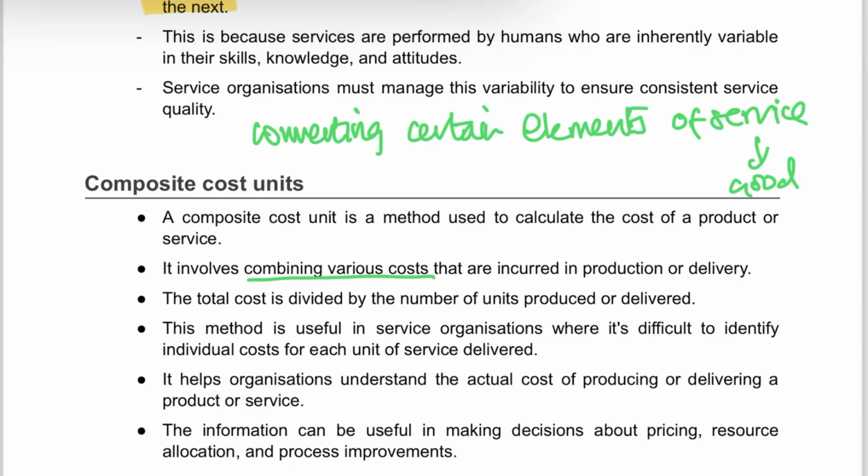So we combine material cost, total labor cost, and overhead cost, and then we get a total cost, and this is divided by the number of units delivered or produced, and we get a unit cost. So that's basically composite cost units. We are getting our total cost as a contribution of different cost items.